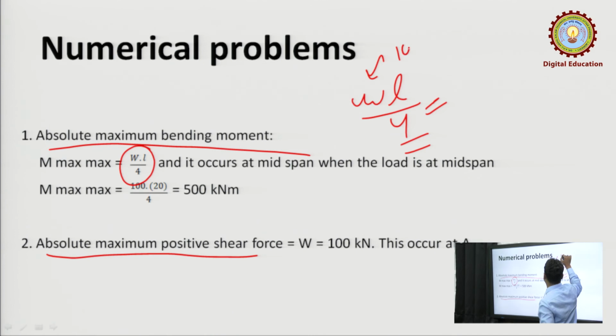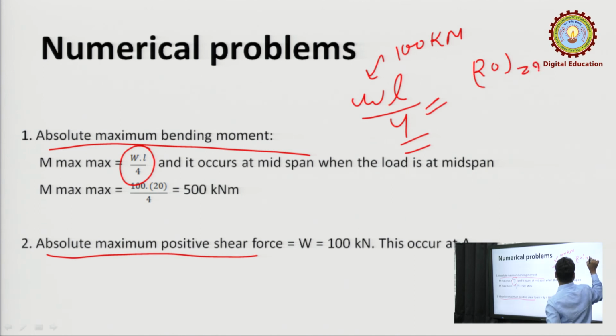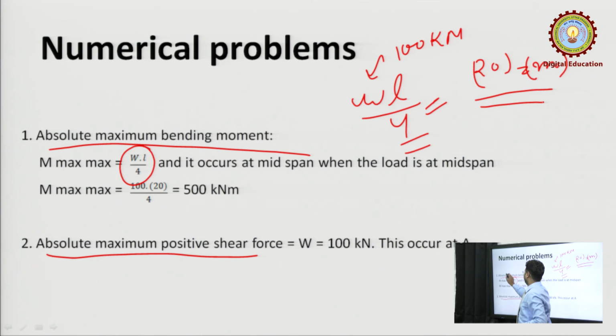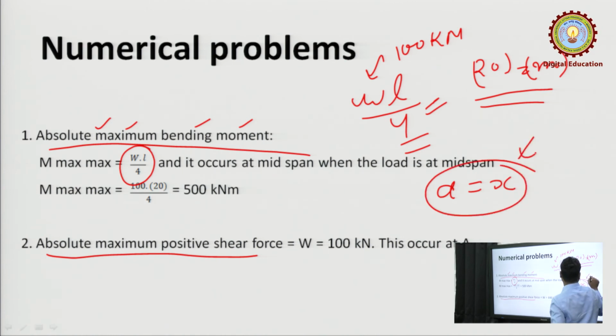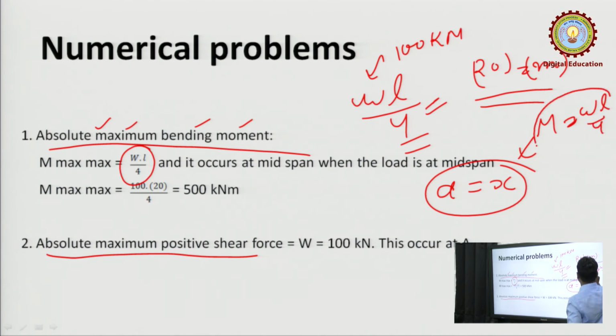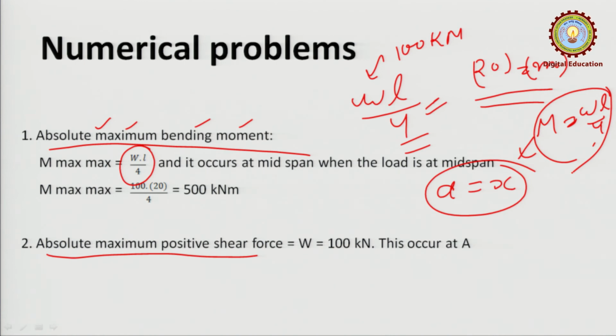We have a 100 kilonewton load and a length of 20 meter. What is the absolute maximum bending moment? We discussed earlier that when a is equal to x, the moment will come WL by 4. This is your absolute maximum bending moment.